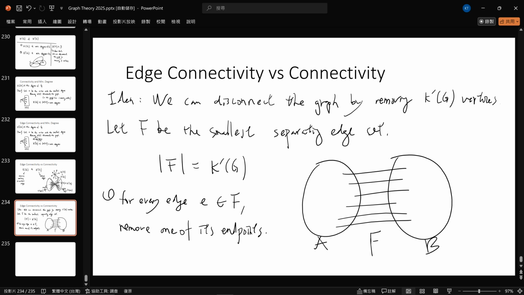So it's like a for loop that checks every edge in F, and for every edge, we just remove one of its endpoints. There are no constraints about which endpoint we should choose; you can choose any one of them. Is this valid? Can we say that after you remove these endpoints, you get a disconnected graph?